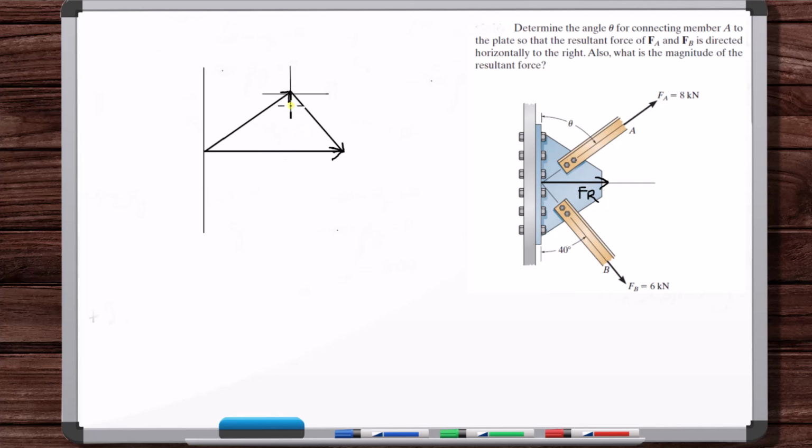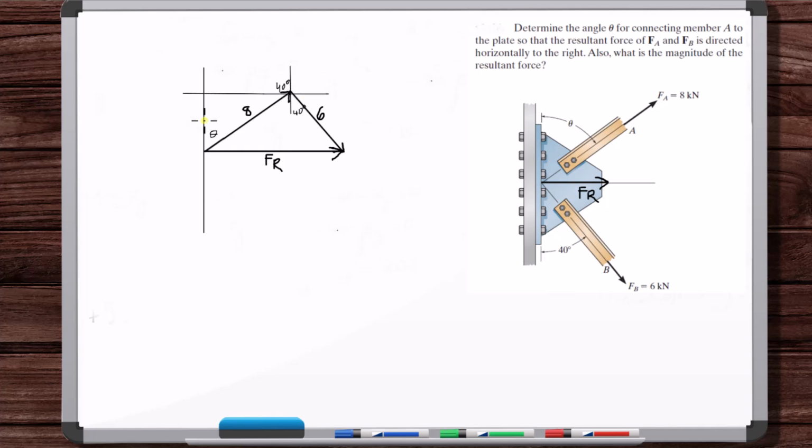And this means that this is 40 degrees. And that means this is 40 degrees. And this is theta. This is 8. This is 6. And this is FR. Okay, so we still need another angle or some other piece of information.